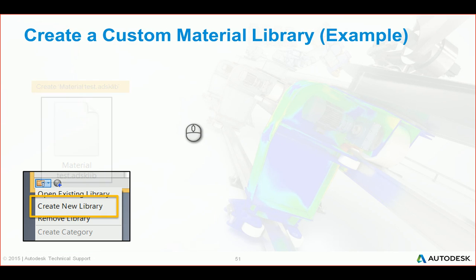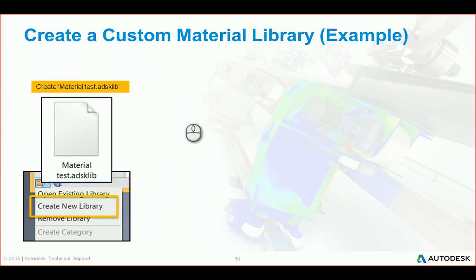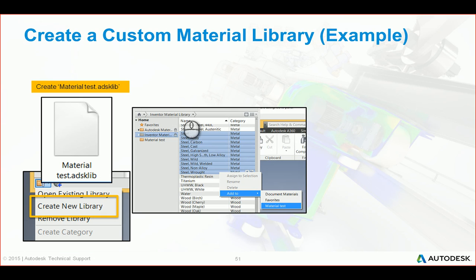If we create, it's going to create a library in the location that is specified for our libraries, and it'll show up in the list after we've done that. We can highlight some out of the Inventor library, and then just say add to, and the new library that we have just created shows up in there, so we can add those materials to that library.